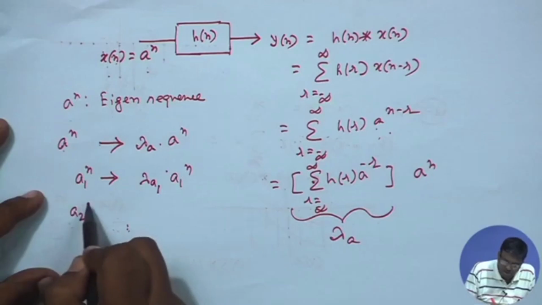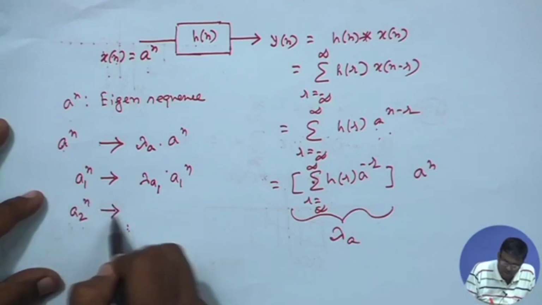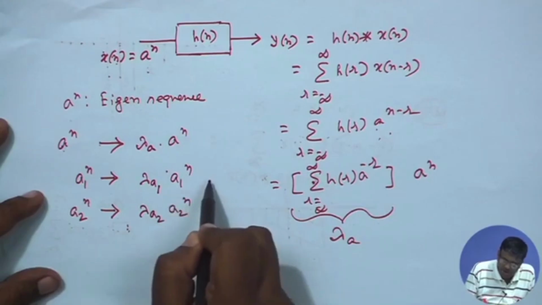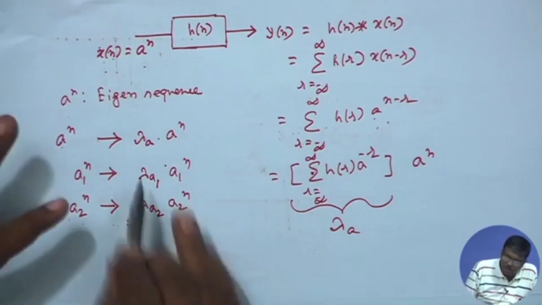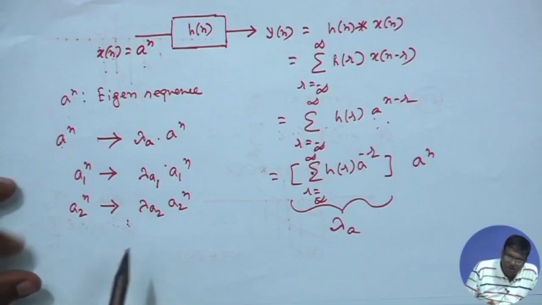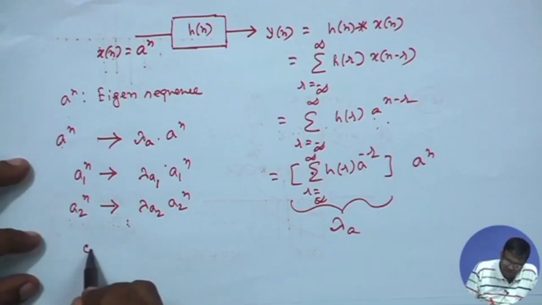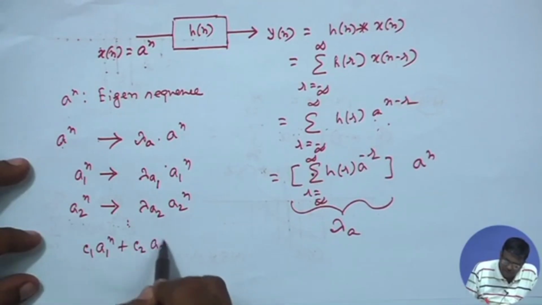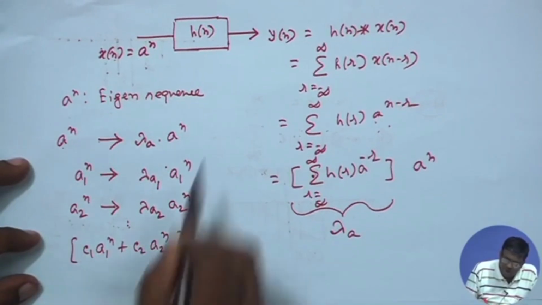Suppose I have also given you a2 to the power n giving lambda at a2 times a2 to the power n, which is known. Then if I give you a new sequence, c1 a1 to the power n plus c2 a2 to the power n, what is the output?